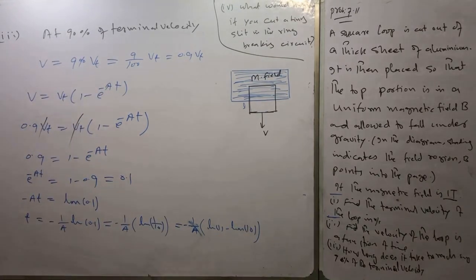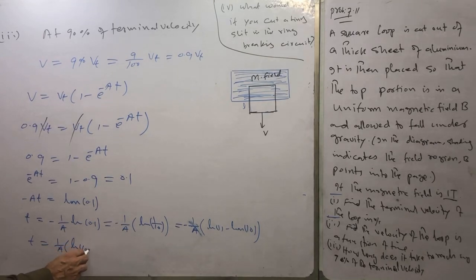Then if we take minus common, then t is equal to 1 over a and log of 10 minus log of 1. And log of 1 is equal to 0, then t is equal to 1 over a and log of 10.